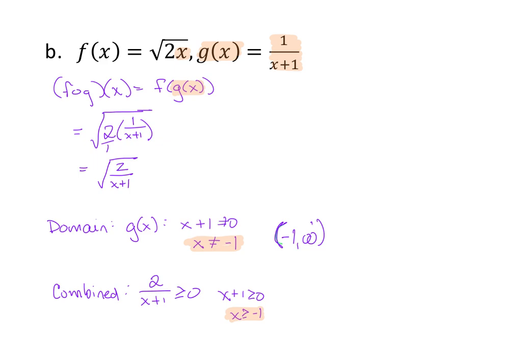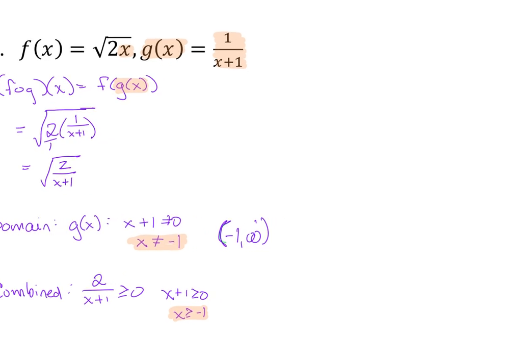All right, let's go ahead and look at g of f of x. And so we are going to plug in f of x into g. We are going to plug in f of x for x.